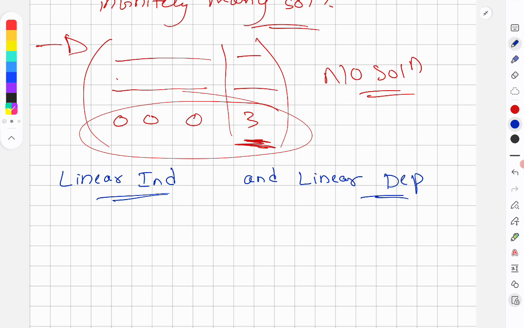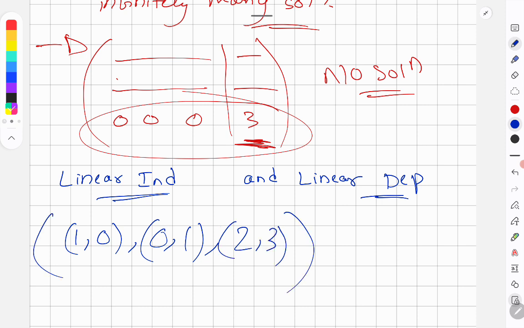the other vectors. For example, if you have 1, 0, 0, 1, 2, 3, are these linear independent?